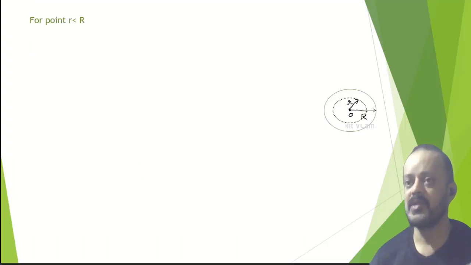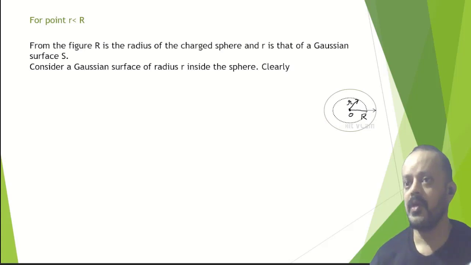To solve this, let us take in the first case the point within the sphere. To obtain the value of the electric field, we will draw a Gaussian surface of radius small r inside the sphere.